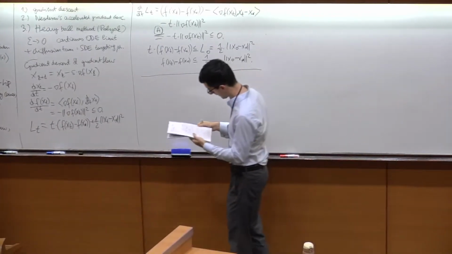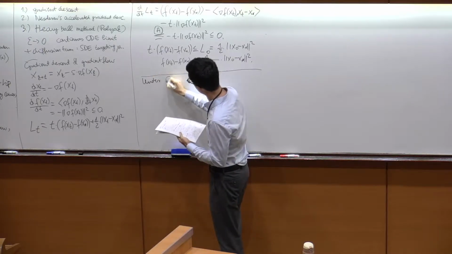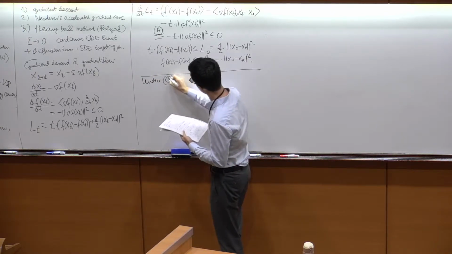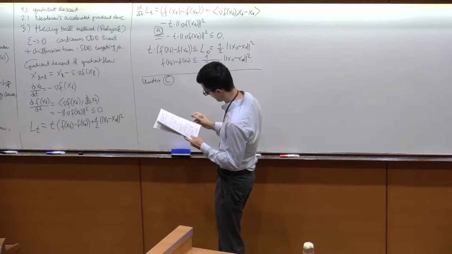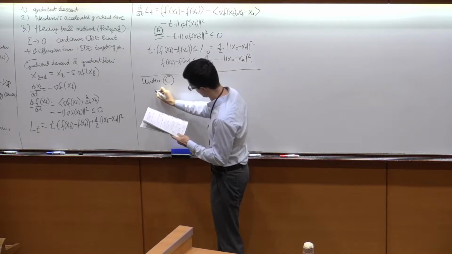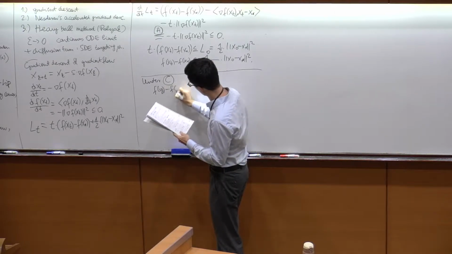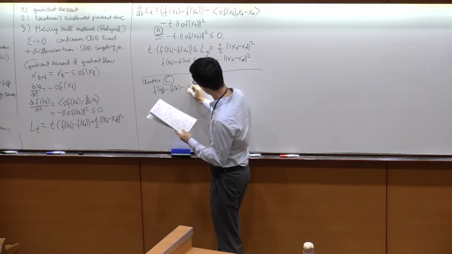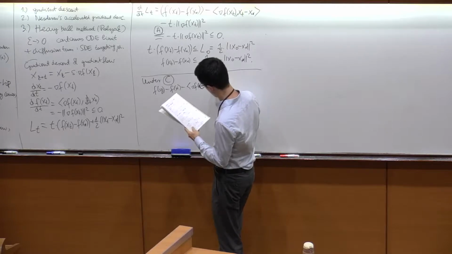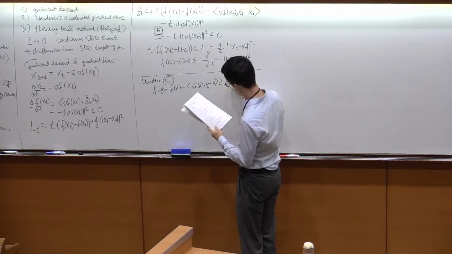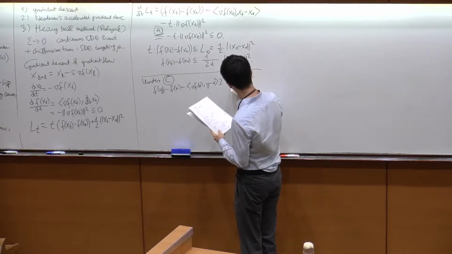Under C, what we can do is first note that f(y) minus f(x) minus the inner product of the gradient of f(x) with (y minus x) is greater than or equal to m times the squared norm of x minus y over 2.